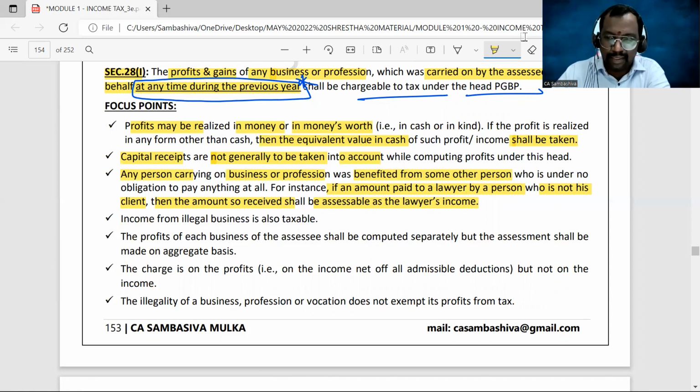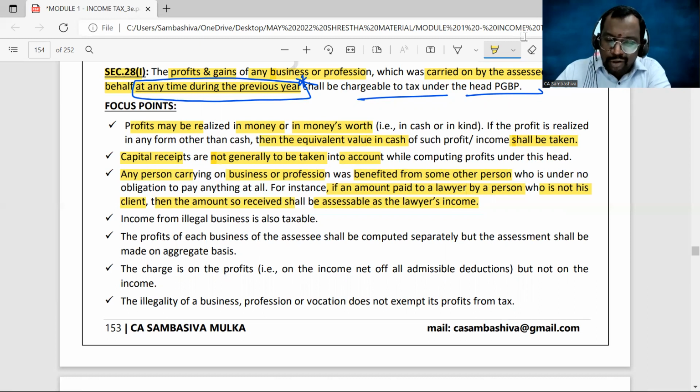You received the fees not from the client, but from the client's brother. Actually, that client's brother is under no obligation to pay the lawyer's fees here. But the client's brother pays you the professional charges for arguing that particular case in the court.